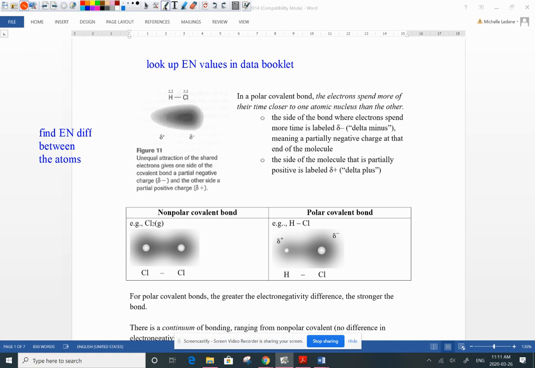So here's an example, HCl. I've looked up the electronegativity values in my data booklet. Hydrogen is 2.2 and chlorine is 3.2. So the electronegativity difference between these two atoms is 1.0. I go 3.2 minus 2.2 and I see that the difference is 1.0.